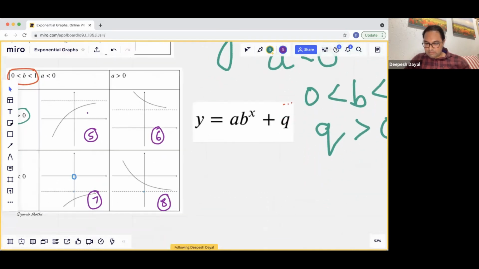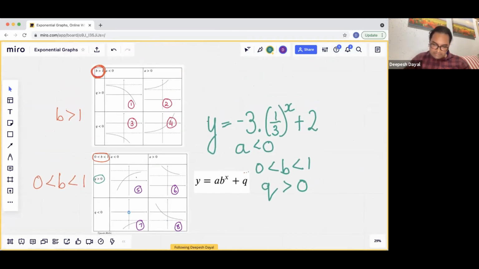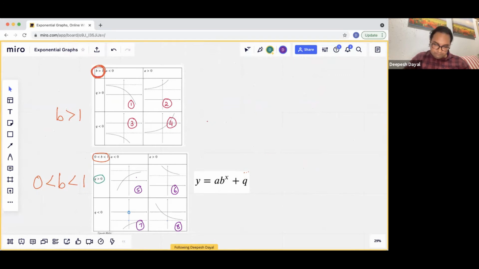So we've got -2 times 3 to the x plus 6, and it's y equals, right?